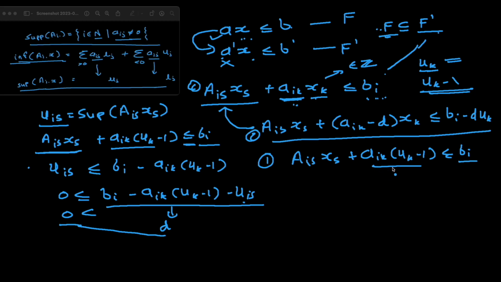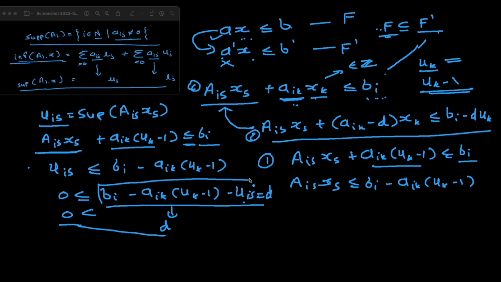We can put this to the right hand side. So what will happen is AIS XS is less than or equal to BI minus AIK times UK minus 1, right? So what is this part? This entire quantity is D, so we can just write over here that it is equal to D.